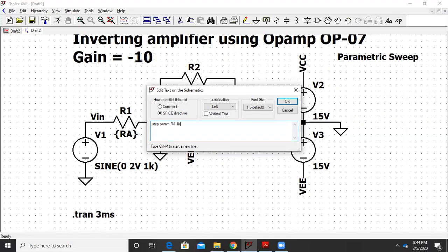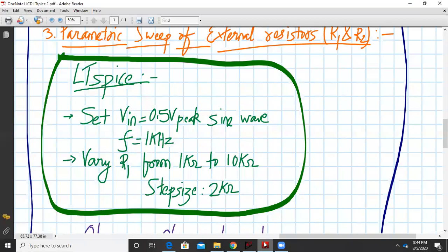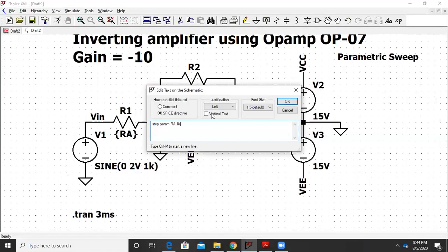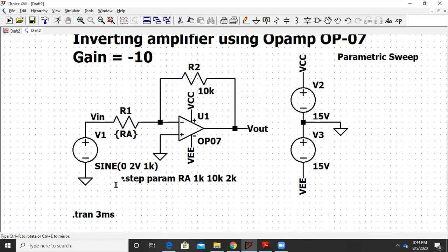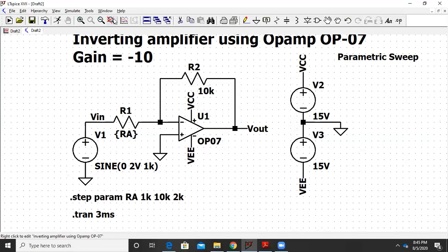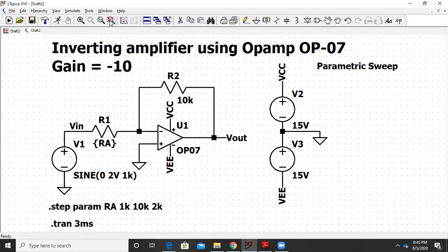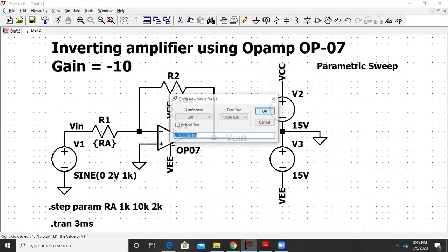The start value is 1K to 10K in steps of 2K. Okay, so we have added this now, and we have to make the input 0.5 peak again, because that is the requirement given.